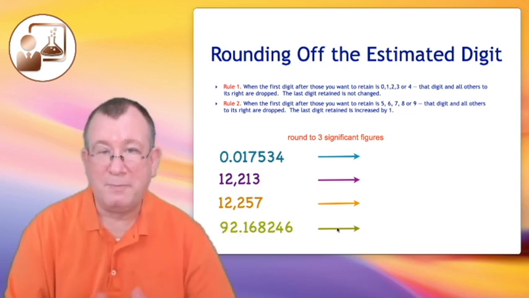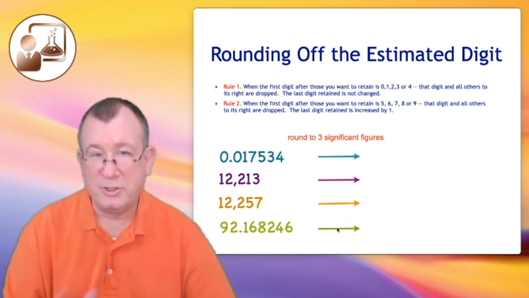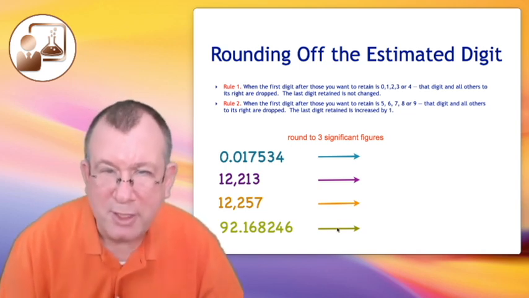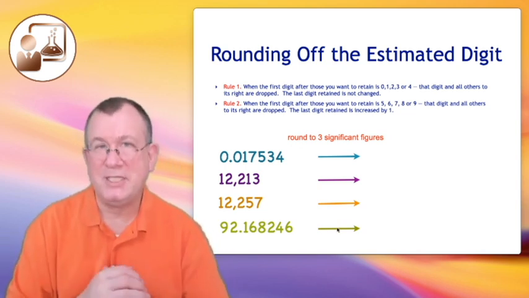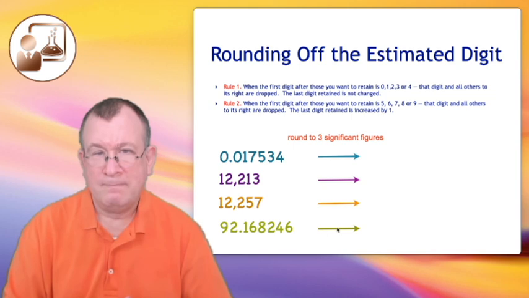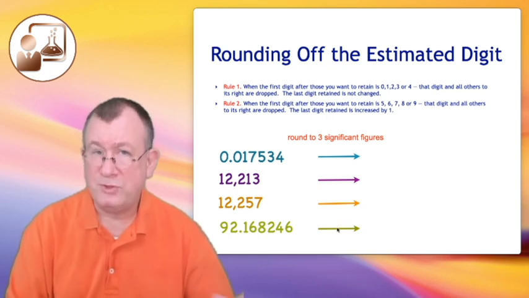So this one here, let's say I did a calculation. My calculator told me 0.017534, and I wanted to round it off to 3 significant digits. Where would I cut it off? Would I cut it off after the 7? Or maybe after the 1? No, wait a minute. Those leading zeros are not significant.